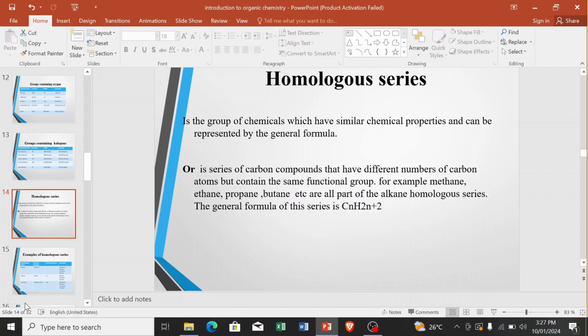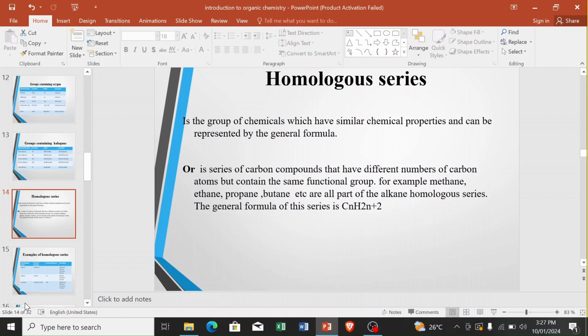After knowing functional groups, we need to know what a homologous series is. It's a group of chemicals which have similar chemical properties and can be represented by a general formula. It is a series of carbon compounds that have different numbers of carbon atoms but contain the same functional group.